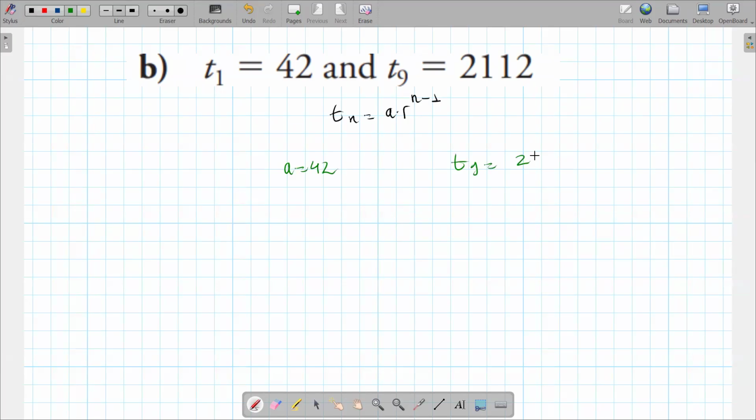T9 is 2112, right? So I'm going to replace A with 42. R we don't know yet. n we do know, it's 9 minus 1, equals 2112. So let's divide both sides by 42. So 2112 divided by 42, that's going to be some number.